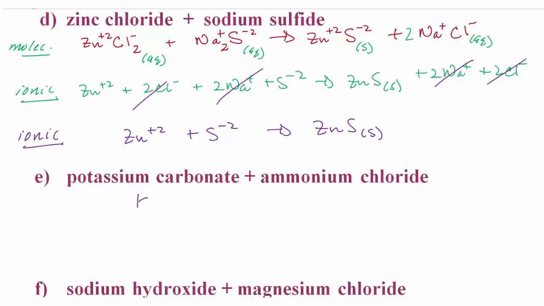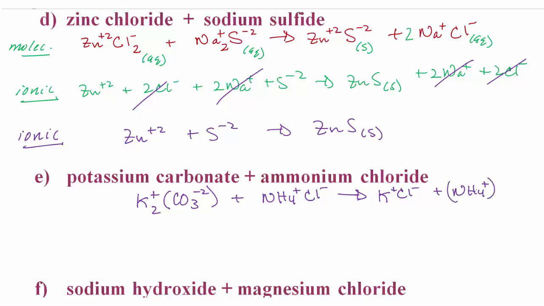Potassium carbonate. Potassium is in group 1. Carbonate is CO3 negative 2, so my 2 has to go down there. Plus ammonium. Ammonium is NH4 plus. Chloride is Cl minus. What can it form? Potassium with the chloride and the ammonium with the carbonate. So that 2 has to go down there.